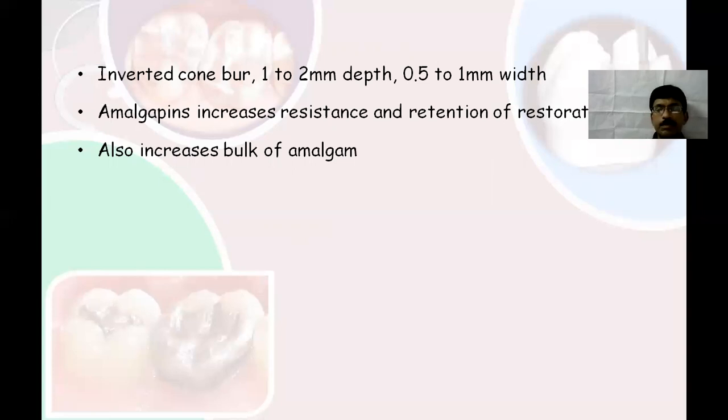The use of amalgam pins helps to increase the resistance and retention of the restoration. So there are two advantages: one, it increases the resistance and retention of the restoration; number two, it also increases the bulk of amalgam.